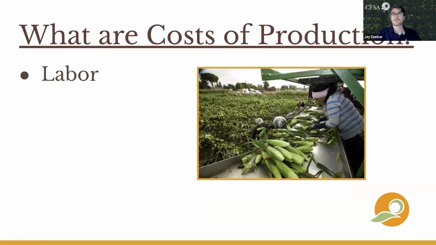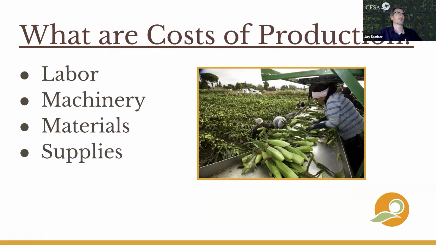Labor is the big one. Obviously, there's machinery, materials, and supplies, but you can see the numbers on labor. We know that the cost of labor is high, and I want to emphasize that sometimes as farm owners, we don't do the best job accounting for our time.